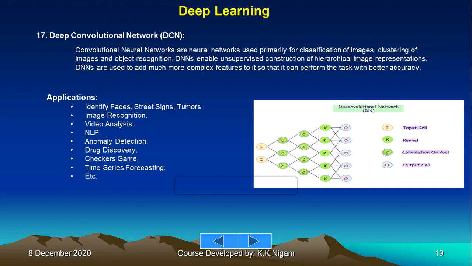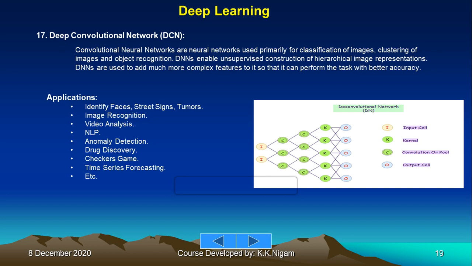Now, deep convolutional network (DCN). A convolutional neural network is a neural network used primarily for classification of images, clustering of images, and object recognition. DCNs enable unsupervised construction of hierarchical image representation.